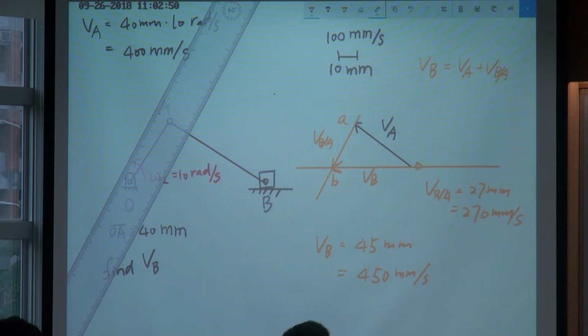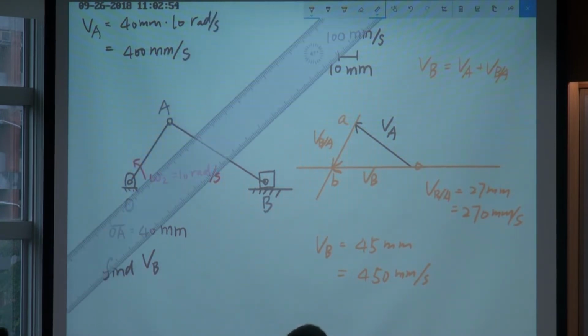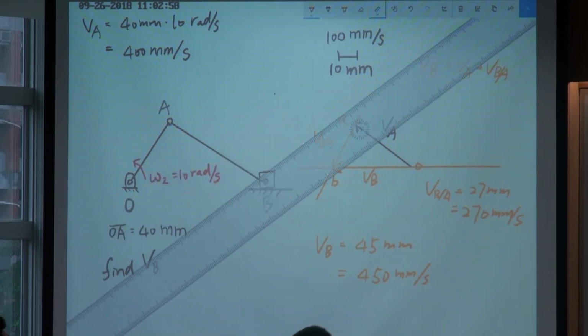If we also want to find the angular velocity, we already know omega 2. Let's say I want to find the angular velocity of R3, so omega 3.